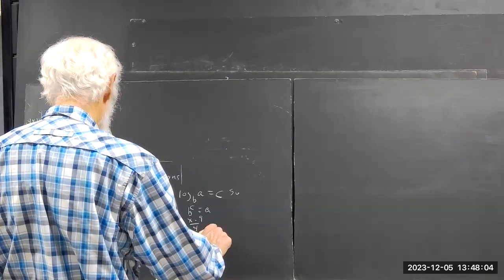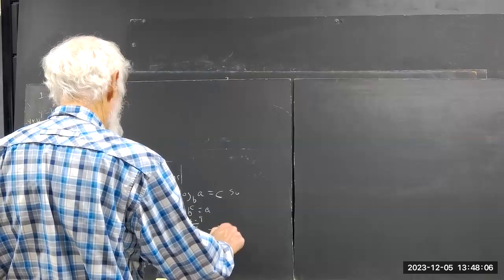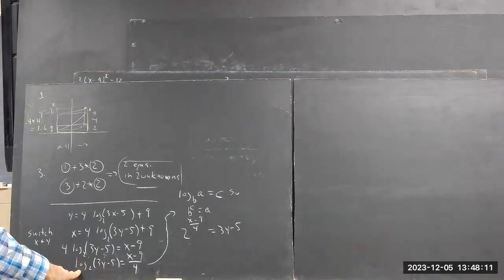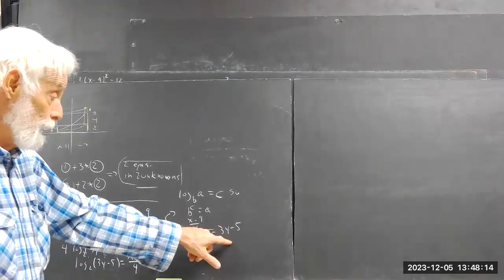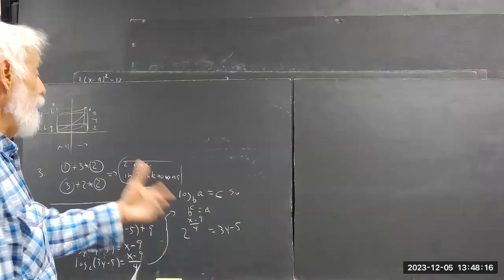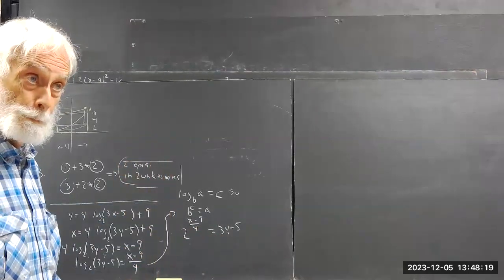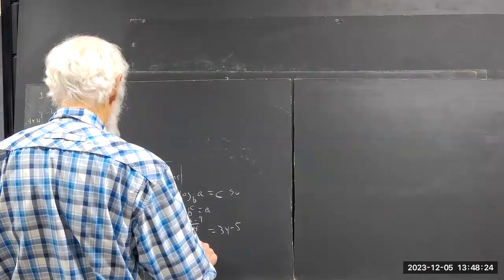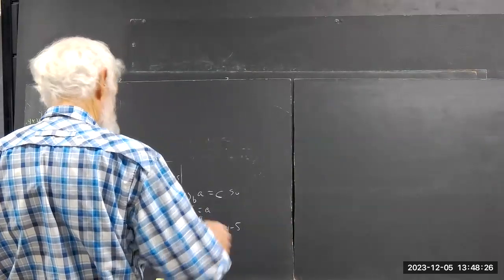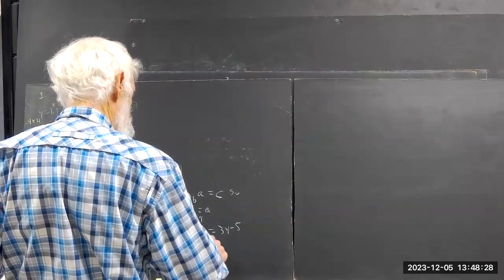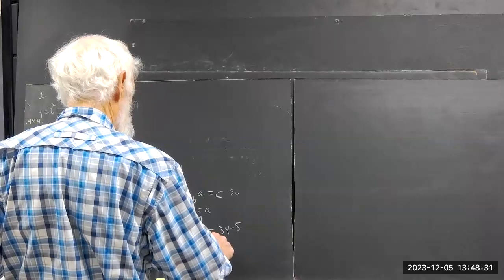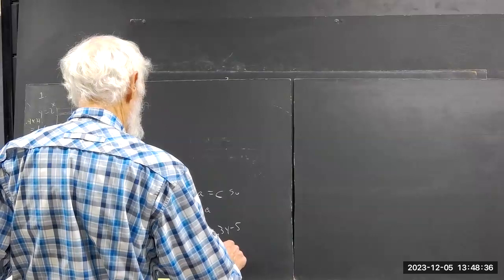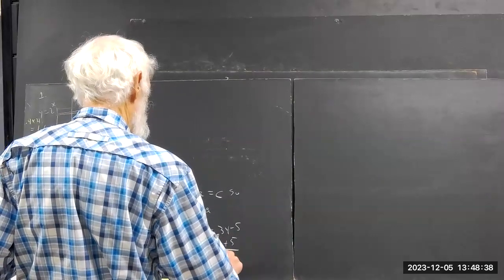Equals 3y minus 5, and now the y isn't trapped inside the log, it's out here. And I can just add 5 to both sides and divide by 3. So we get y equals 2 to the x minus 9 over 4 plus 5, all that divided by 3.